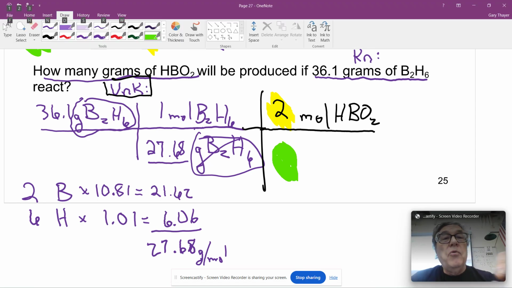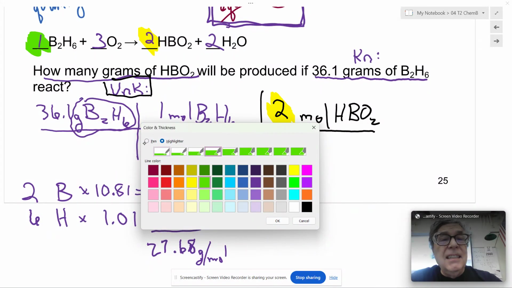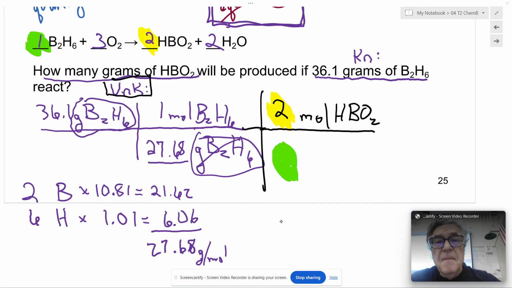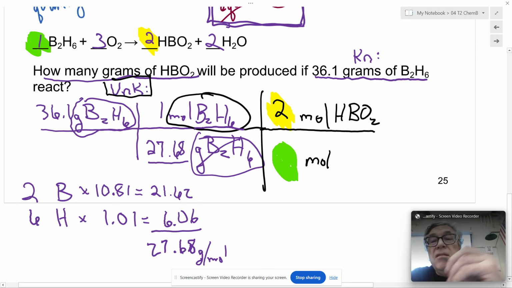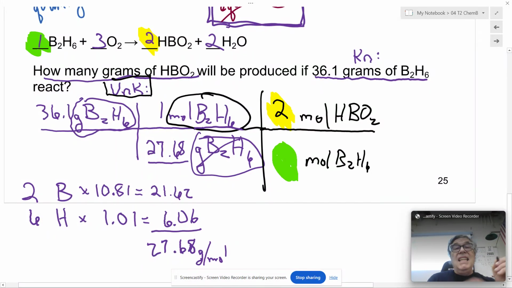Well, let's write that detail in. Because we want this unit to cancel, and we always put this unit on the bottom, the one we started with, moles of B2H6. And this is why it's important to label these, because it's so easy to get confused.